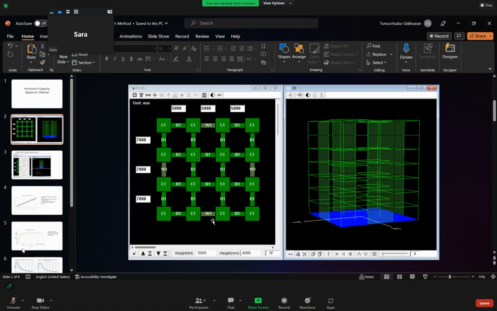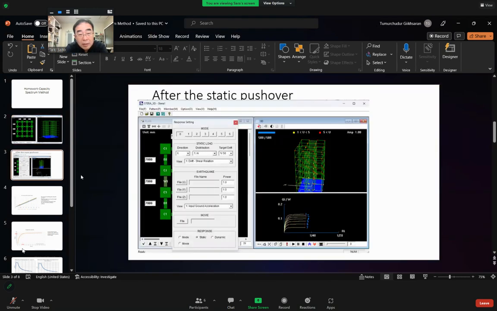The weight is 5,000 kilonewton, and the height is 4 meters. After the static pushover, the result is indicated by this picture.